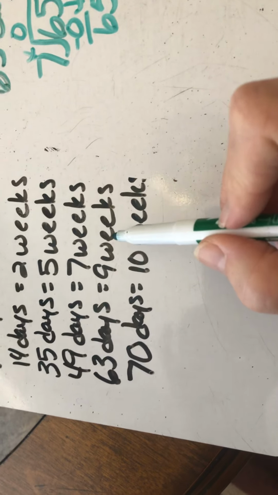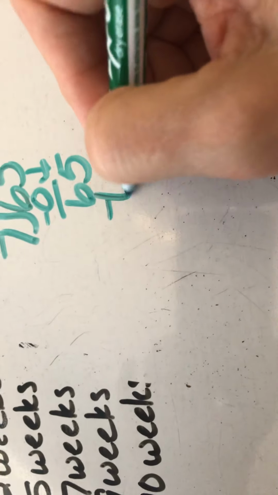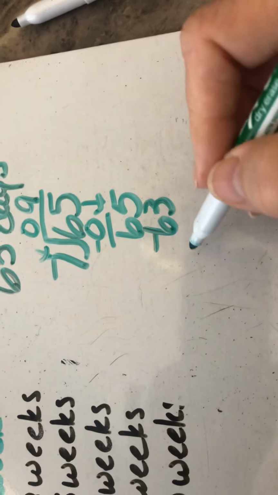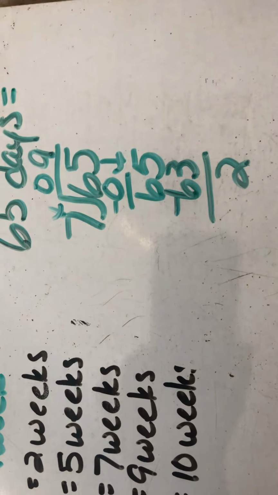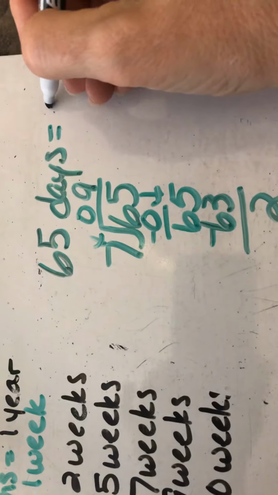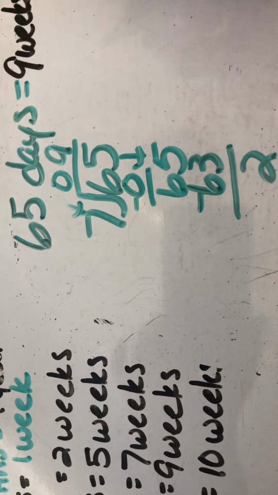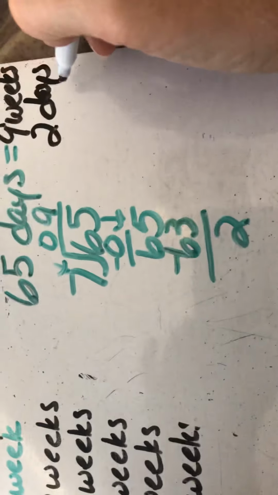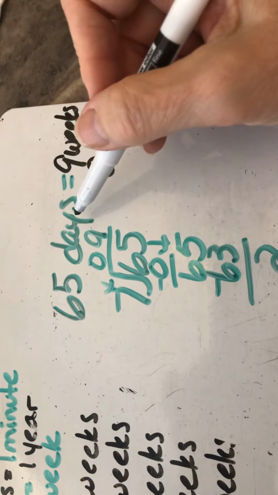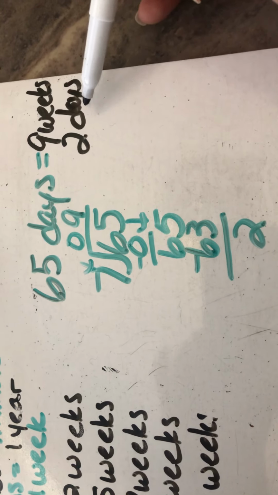Oh, I know that 9 weeks is 63 days. So 65 minus the 63 is 2. So 65 days would be equal to 9 weeks. See my answer? And then my remainder, 2 becomes the days. So 65 days broken into weeks and days is 9 weeks and 2 days.